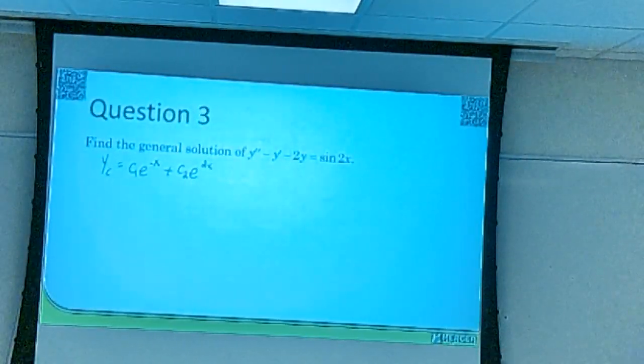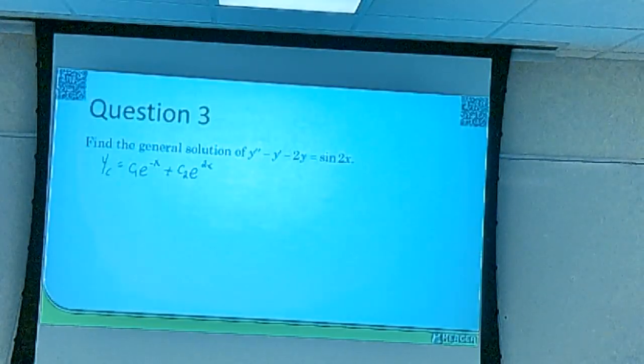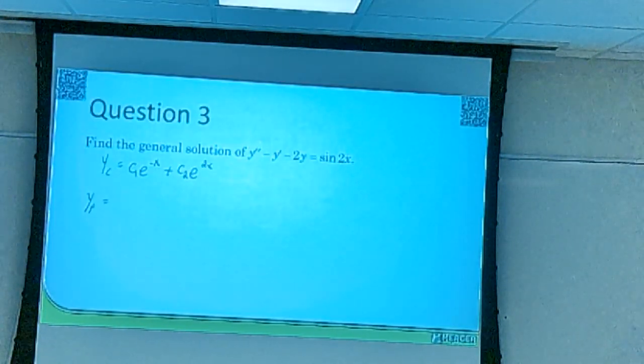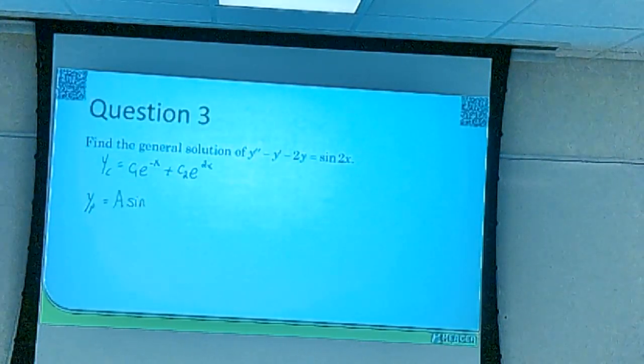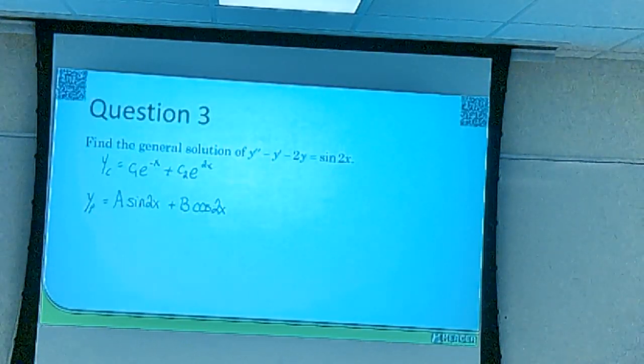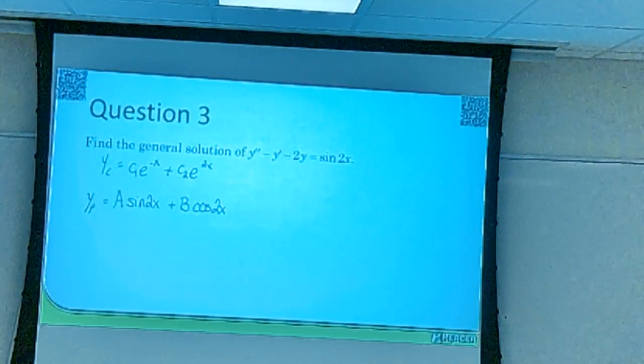Same complementary function. But now g of x is sine of 2x. The form of our particular solution: a sine of 2x plus b cosine of 2x, or flip the cosine and sine, that's perfect.